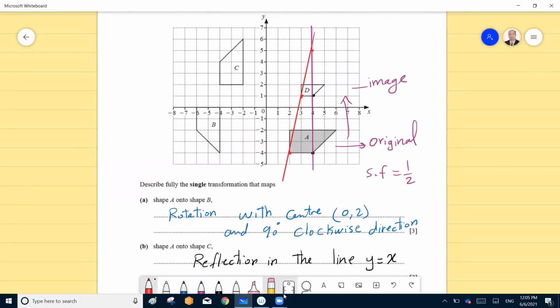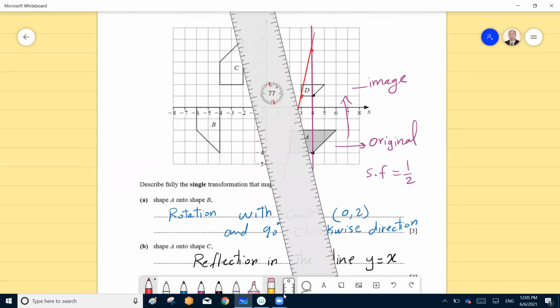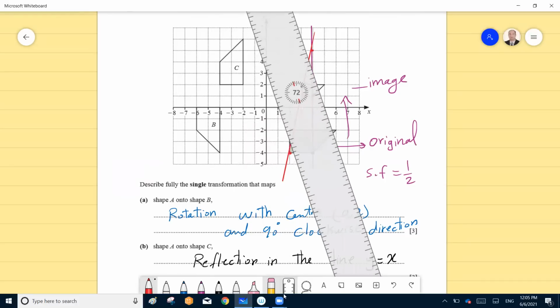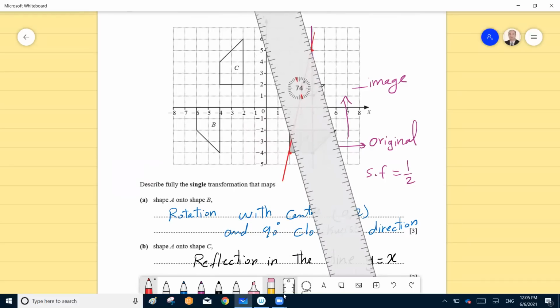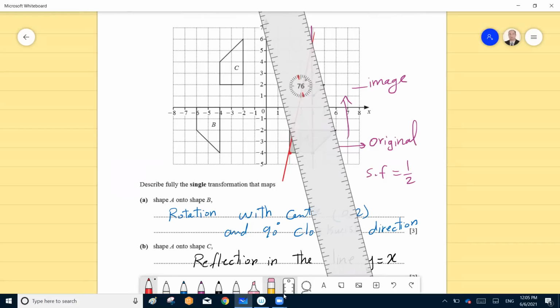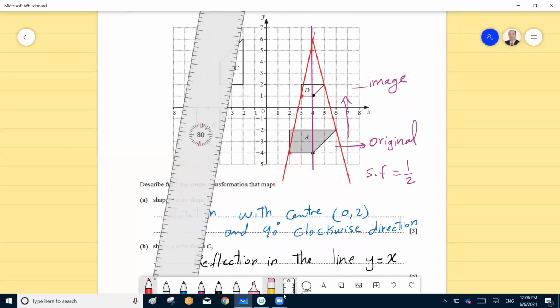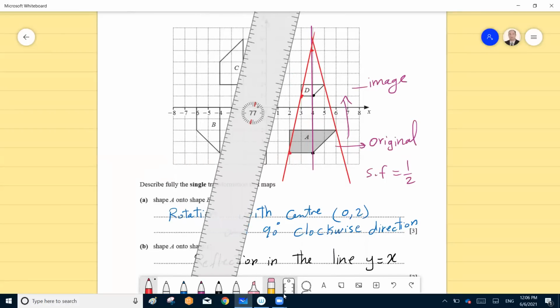And if you want to make sure, you can draw a third line here. Look, it lies on, I think this point may be incorrect. I think (4, 6) is better here. This is the center of enlargement. I'm sorry, this electronic ruler may not be accurate when I draw.